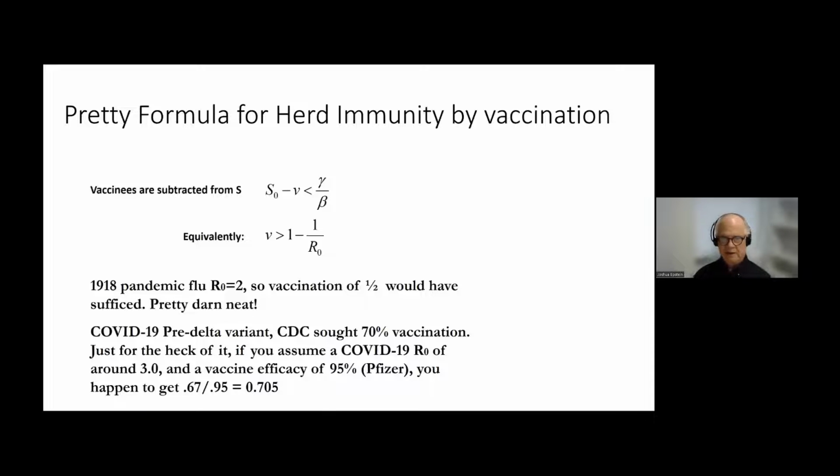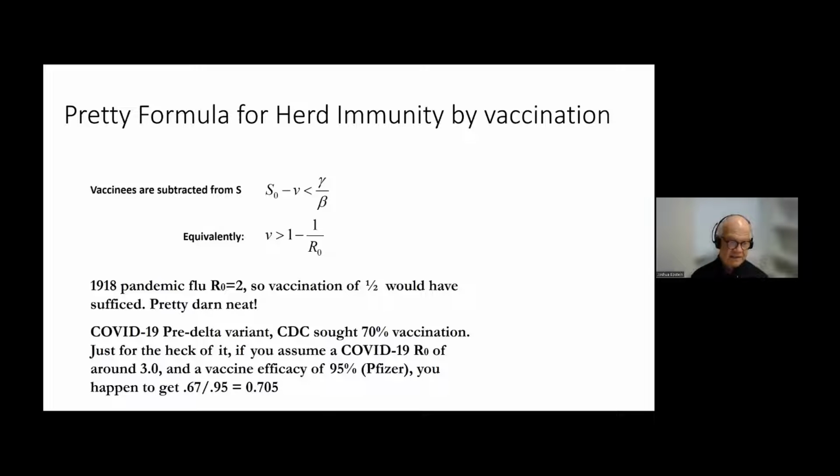That has to be less than the threshold. This is not the fraction, it's the number of susceptibles minus the number vaccinated, less than the takeoff threshold. But that can be rearranged to say that you have to vaccinate 1 minus 1 over R0 of the susceptible population, which is a very elegant, pretty back of the envelope formula, I think.